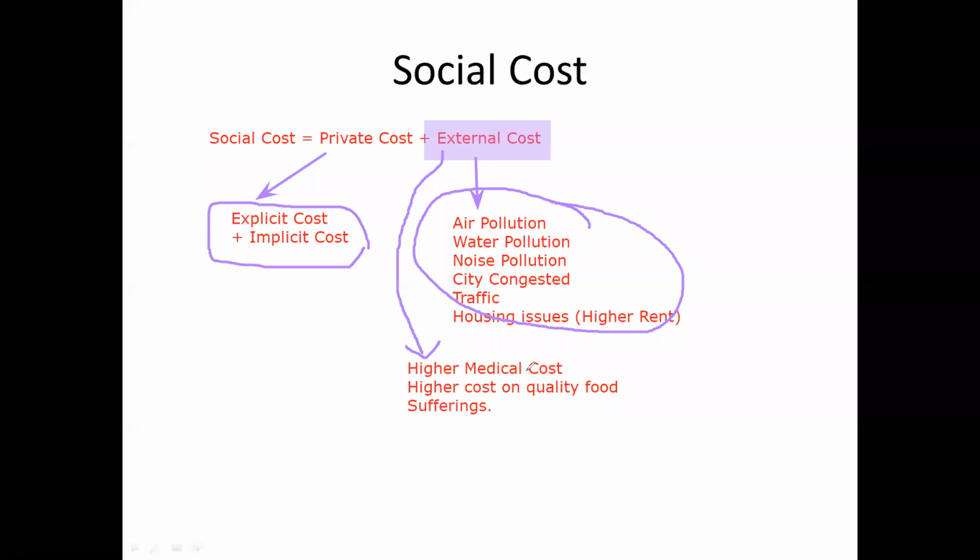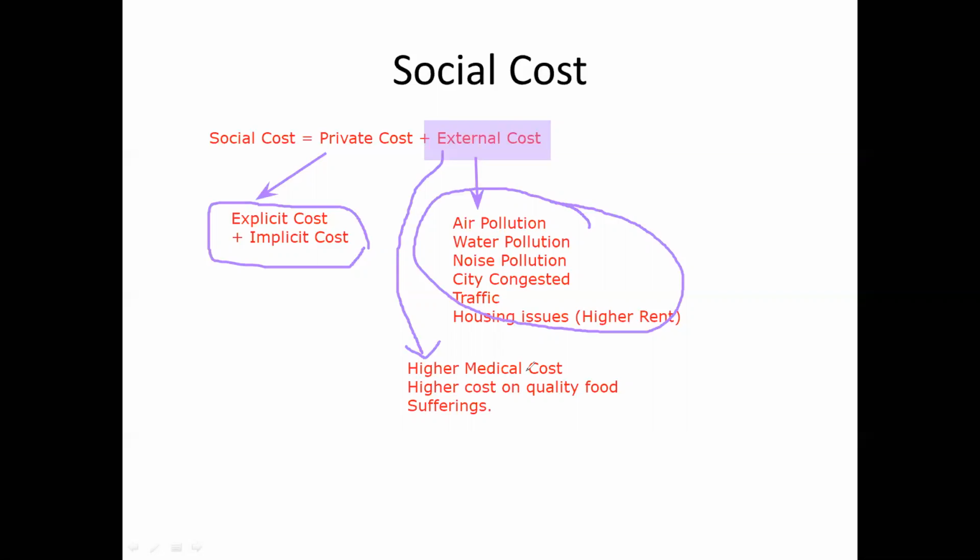What a producer is to bear for producing a particular product is known as private cost. What society is to bear because of production activity is known as social cost. So I repeat with the conclusion that private cost is what the producer has to bear to produce a product, which is explicit plus implicit cost, whereas social cost is what the society is to bear because of the production activity happening, the sum total of private cost plus external cost.